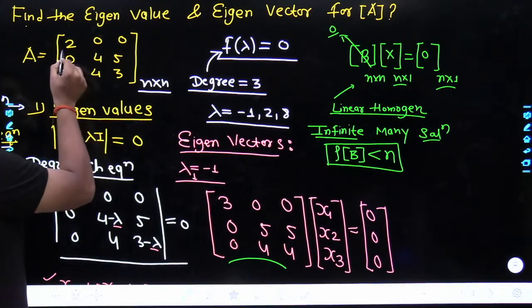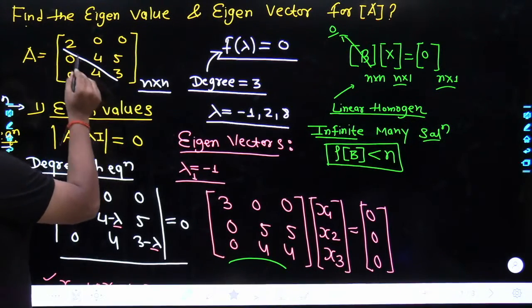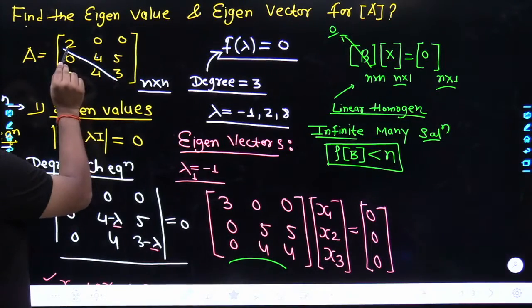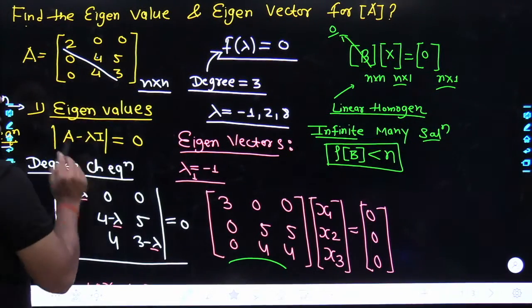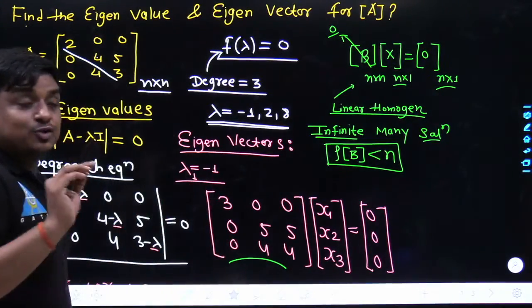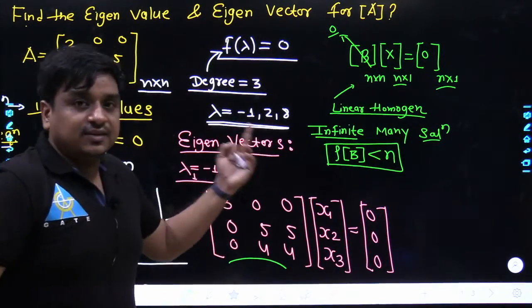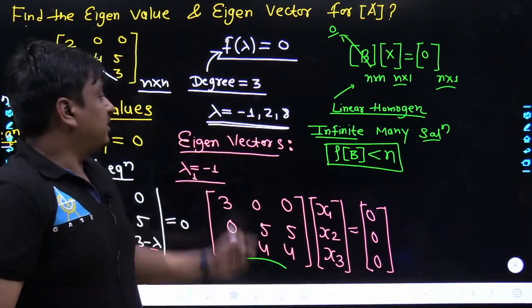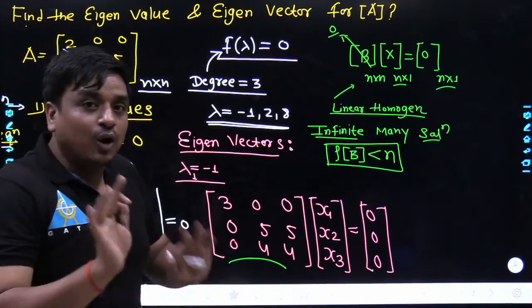What's going to be the trace of the matrix A? The trace is going to be 2 plus 4 plus 3, that's 6 plus 3, that's 9. That means the addition of the 3 lambdas has to be 9, and you can see very well, yes, it is 9. 8 plus 2, that's 10, minus 1, again it's 9. That's the first property which we have already correlated.